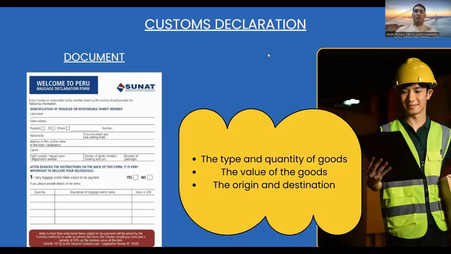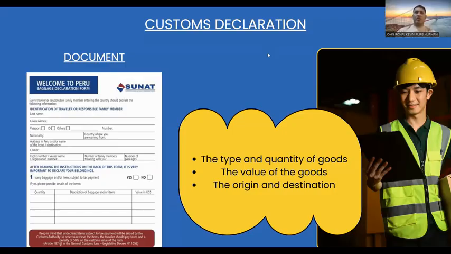Today I will talk briefly about two important documents used in international trade, the Customs Declaration and the Delivery Note. Let's start with the Customs Declaration. This document is required when goods are imported or exported between countries.